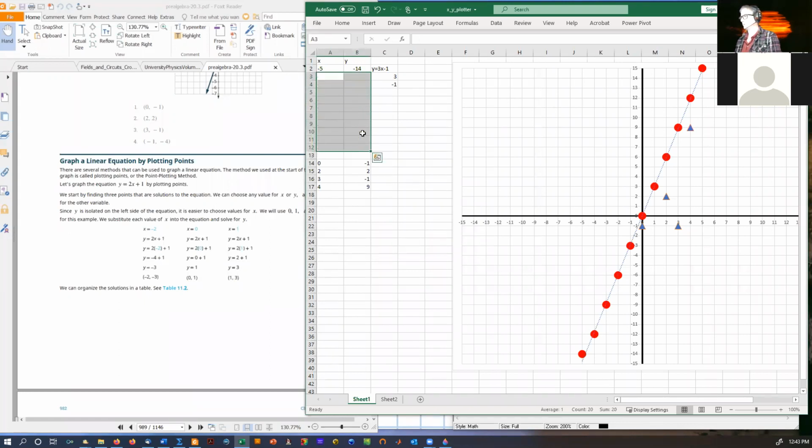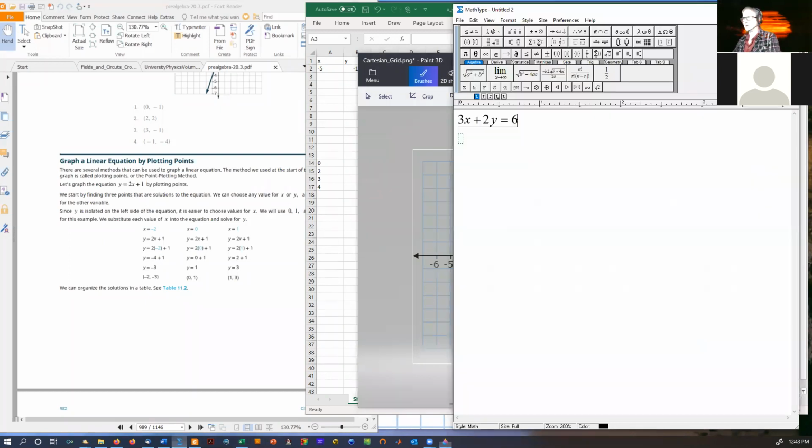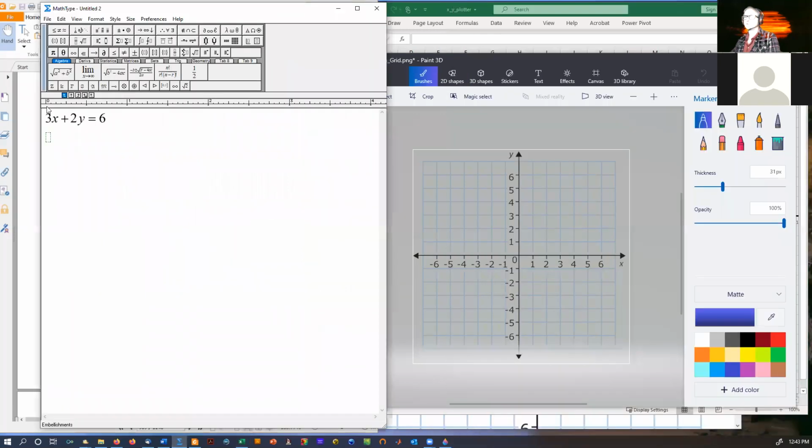Maybe we'll go back to the other way with paint, just so we can do an example. So here we're going to graph an equation by plotting points, and the equation we're looking at is y equals 2x plus 1.